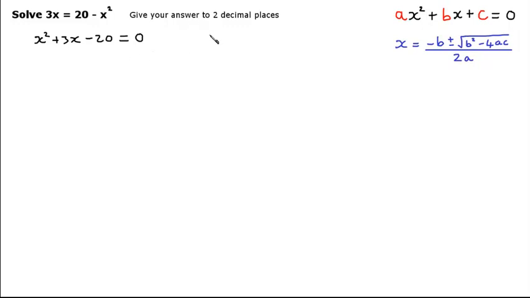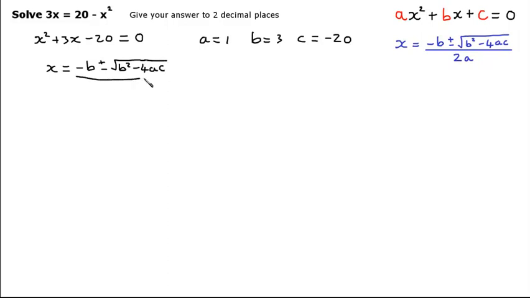So finding our values of a, b and c, a is going to be 1, b is going to be positive 3 and c is negative 20. So we take the formula, x equals minus b plus or minus the square root of b squared minus 4ac, all divided by 2a.